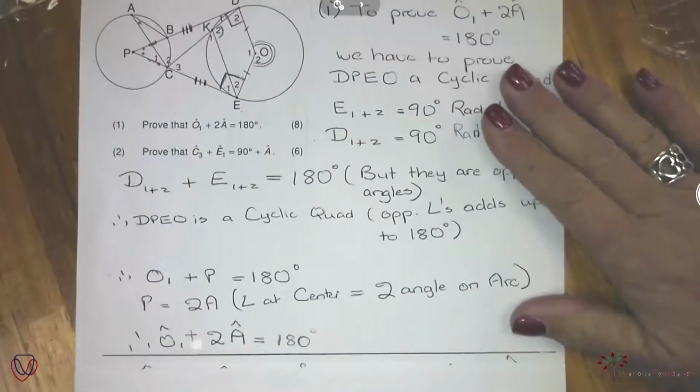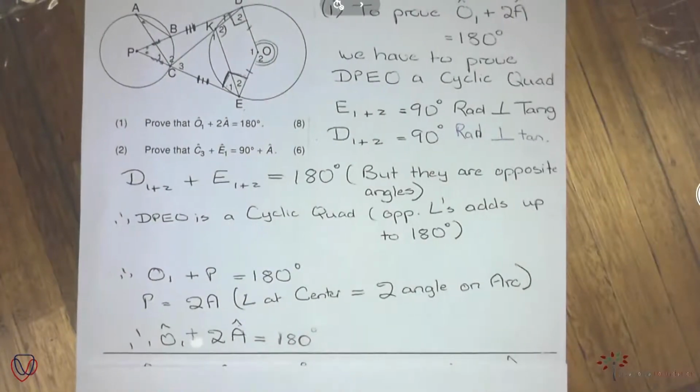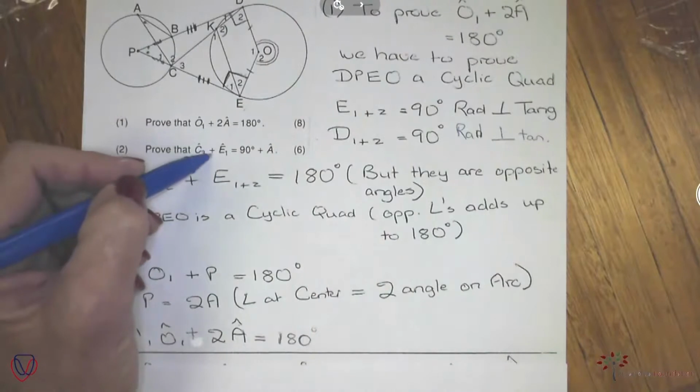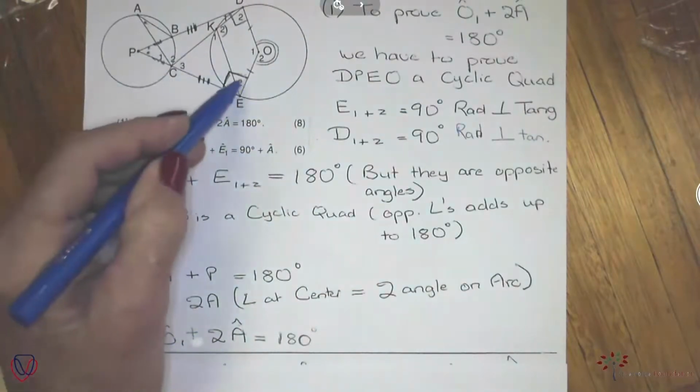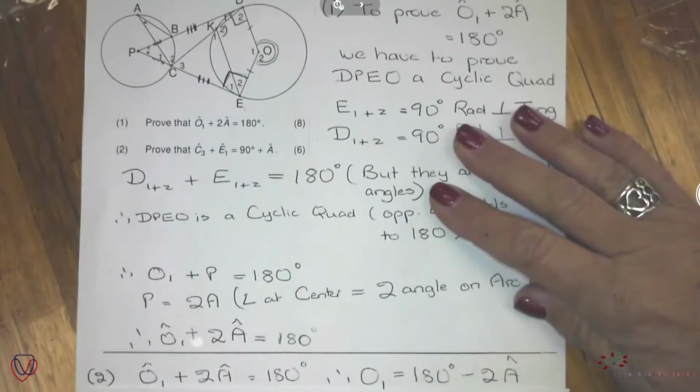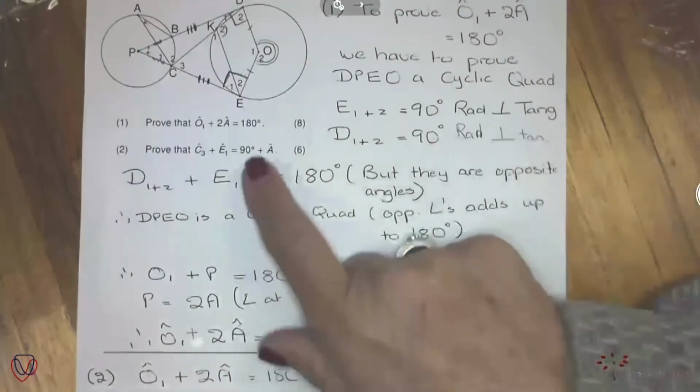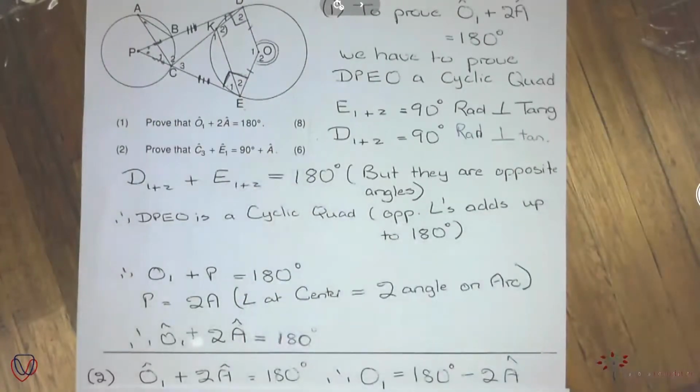Okay, people, let's go on to question 2. Prove that C3 plus E1 is equal to 90 degrees plus A. So somehow we've got to use that A, and the only place that we used it was when we proved that O1 plus 2A is 180.